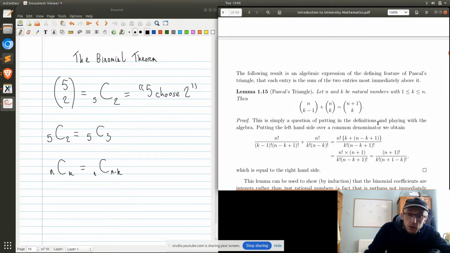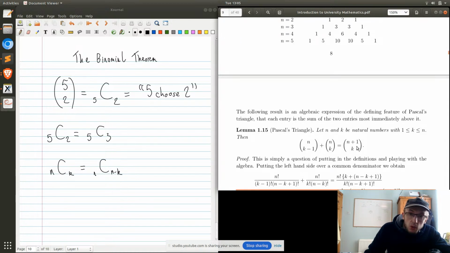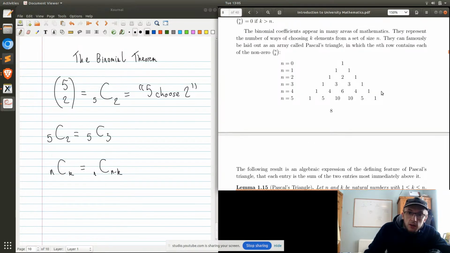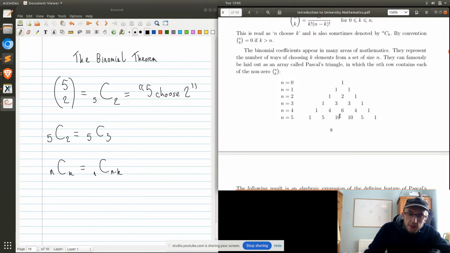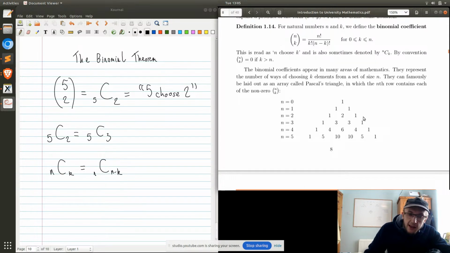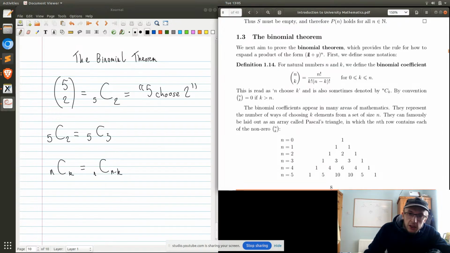So how do you prove it? How do you prove it? Because you can use this rule to make the triangle, but that does not prove that the entries in this Pascal's triangle are the same as the coefficients in the expansion of (x + y) to the n.